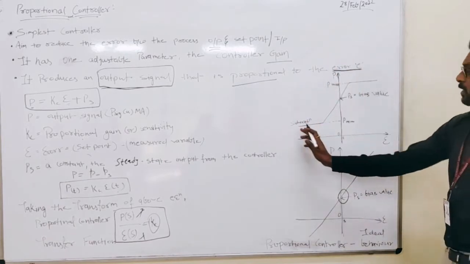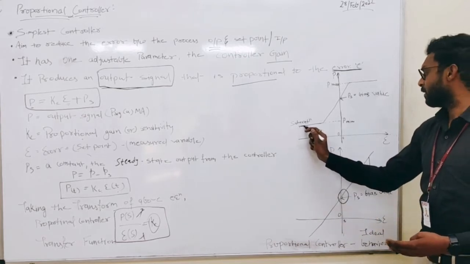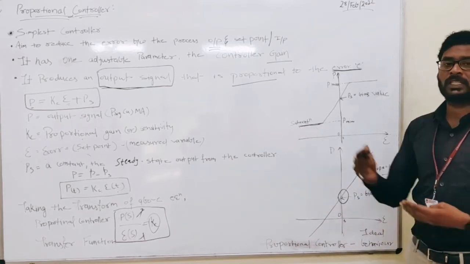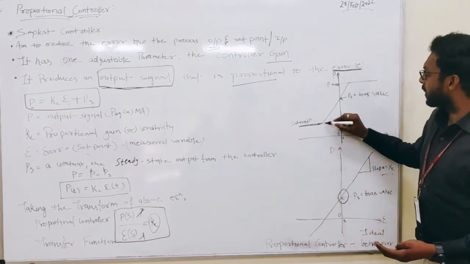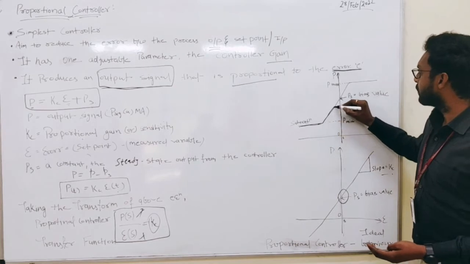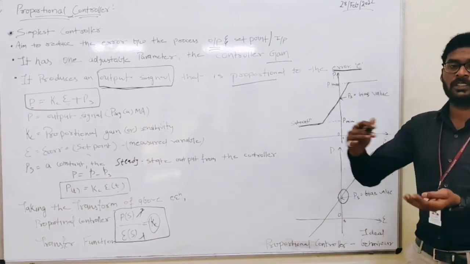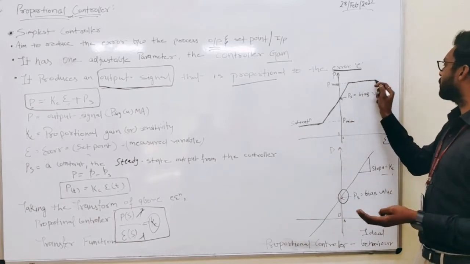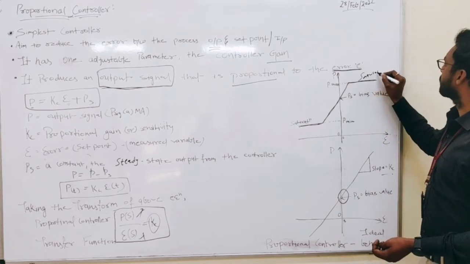When we start the process, initially it will be a steady line, and due to the changes in the input we give to the system, there will be a rise in the curve. Once it reaches the steady state, it will again come back to saturation.